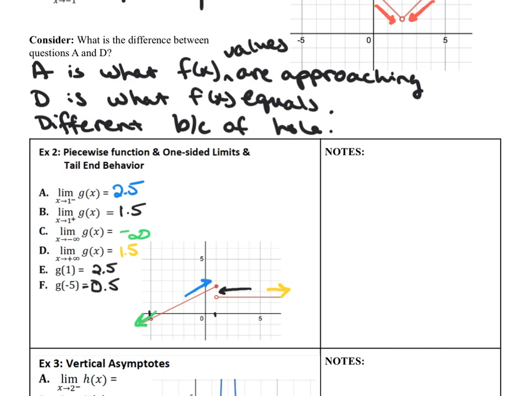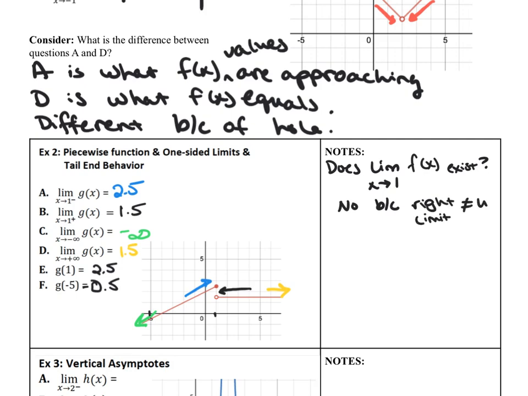Things we should consider are, does the limit as x approaches 1 of g of x exist? And the answer is no, because the right limit does not equal the left limit.